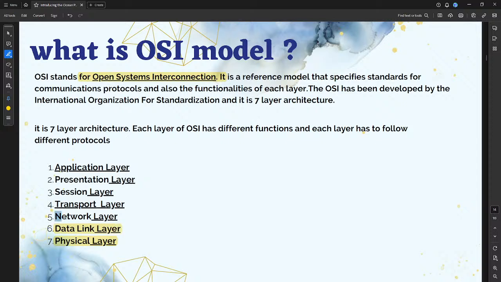Now, by the time we get to this layer, what is happening? We are taking data across the internet, and they need a network layer. They need to communicate through some medium. It could be a router, it could be an access point.